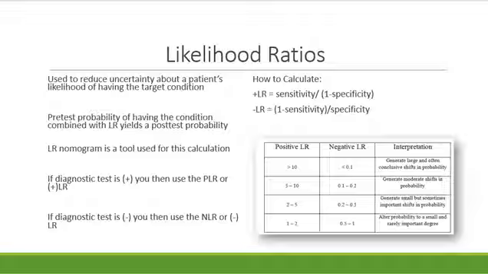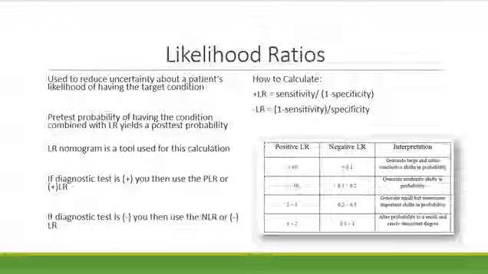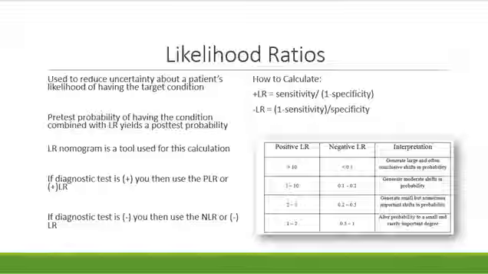So it could be based upon clinical experience or it could be based upon research literature. The likelihood ratio then is a tool that can be used to see if a positive or negative test increases or decreases the post-test probability of having that condition. And the tool that you use is the nomogram.